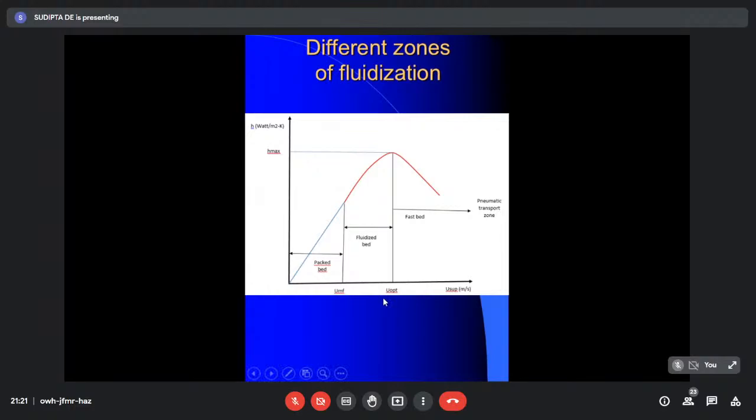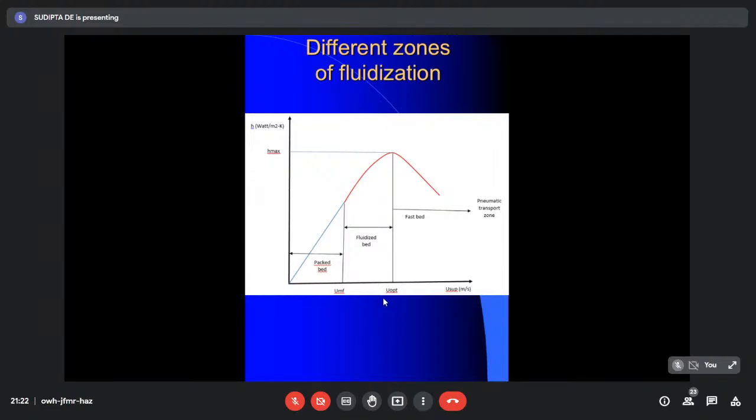So the next sentence is, during packed bed operation, you know the meaning of packed bed, heat transfer coefficient increases linearly with superficial velocity. Full stop.